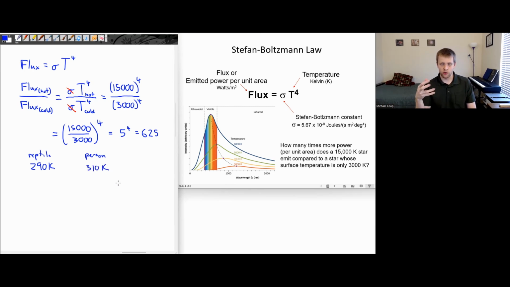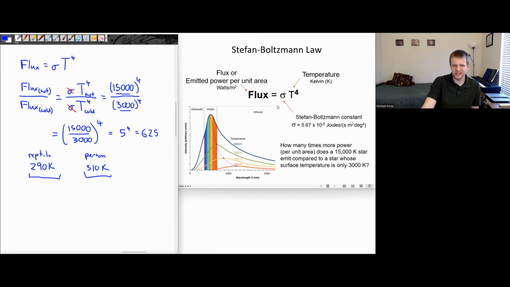If I wanted to know how much more thermal radiation I am giving off compared to a reptile, again, per square meter, I would be the hot object, the reptile would be the cold object. We change out our temperatures of the hot and cold objects and still get the same kind of method, the same kind of approach to this new question.